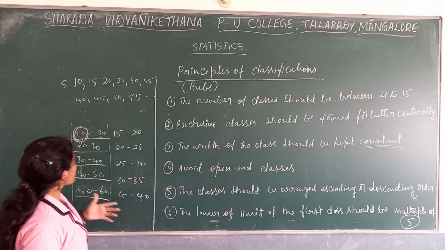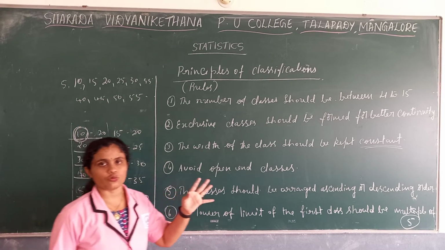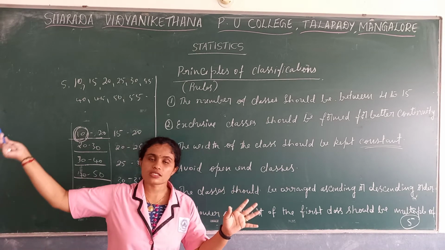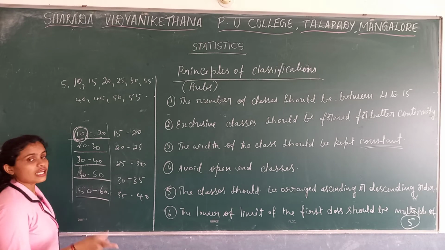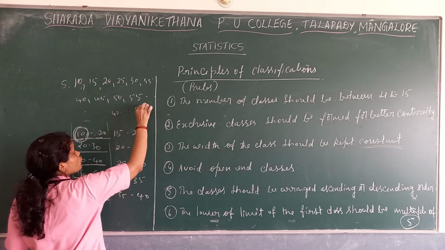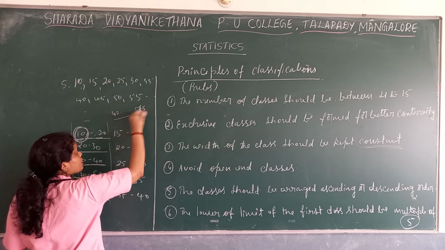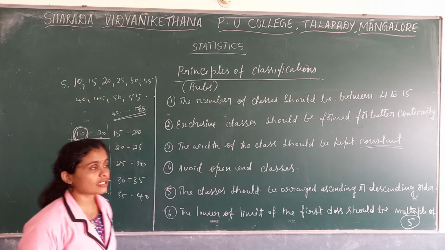In some data, the first value might be 42. 42, 43, 46, it goes till 74. Then how do we frame the classes? Suppose we get 42 to 73, the lowest value is 42 and the highest value is 73. Then how do we need to start the class intervals?